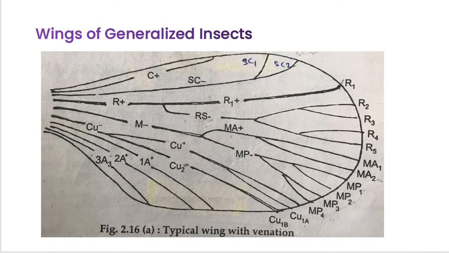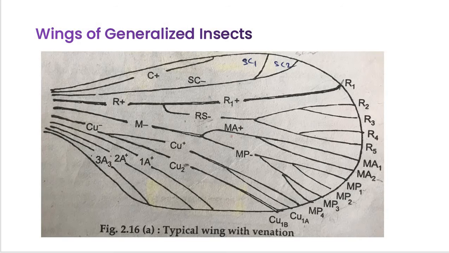Suppose you take the example of a cockroach or a grasshopper, which are major or larger insect orders. Here the forewings are hard, large in size, tough or cuticularized. Underneath the forewings, the hind wings get folded and protected.